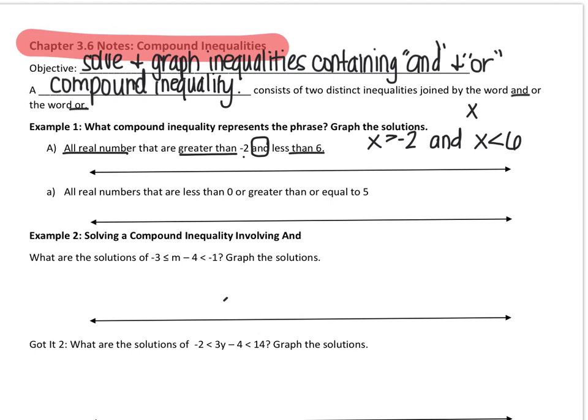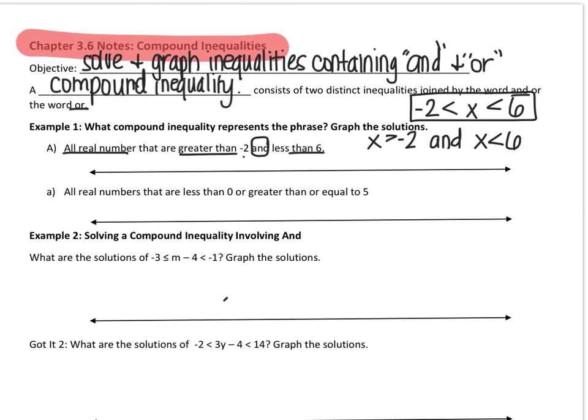You put the smaller number on the left and the bigger number on the right, and then you put your inequality symbols in the correct direction. So if x is greater than -2, that means my inequality symbol is going to go that way. And then if x is less than 6, my inequality symbol is going to go that way. So my answer for example 1a is -2 less than x less than 6.